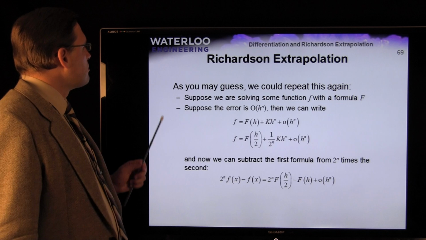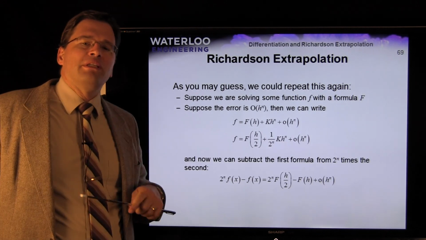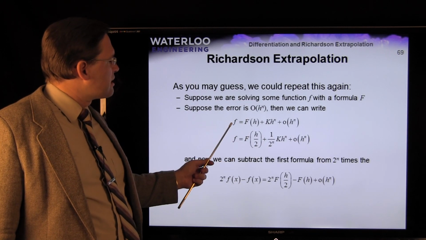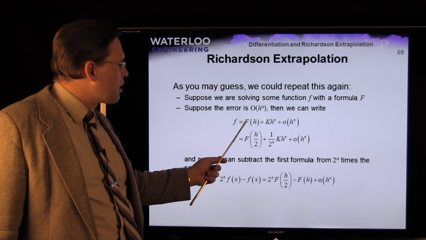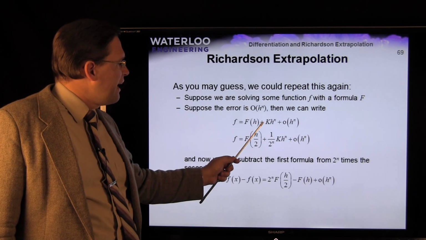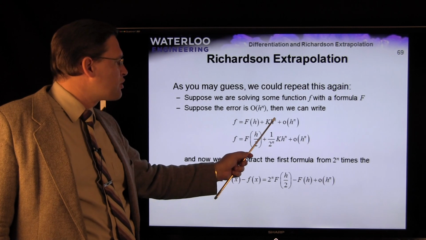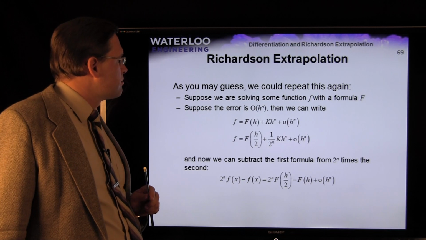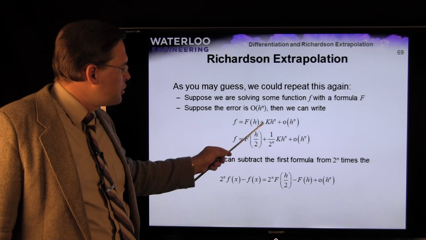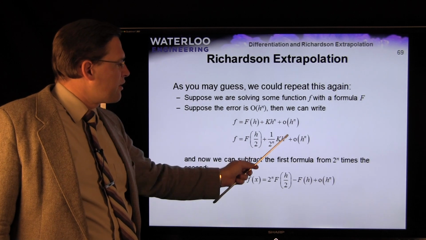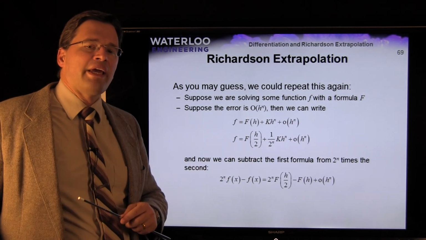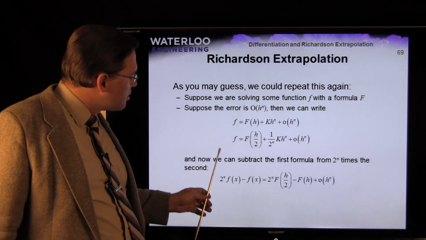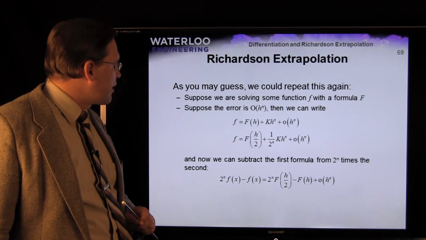So we could repeat this again. In fact, we can always do this. If we ever have something approximated by an approximation depending on h, where the error term is some constant times h raised to the power n plus lower order terms of h, now if we divide h by 2, this error term is multiplied by 1 over 2 to the n, because the 1 over 2 to the n factors out. The lower order terms really don't matter.